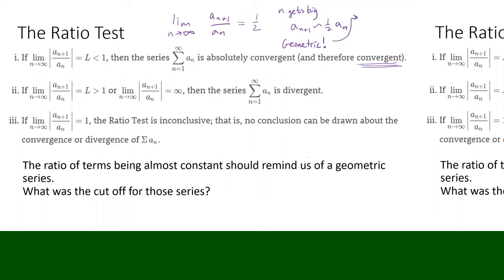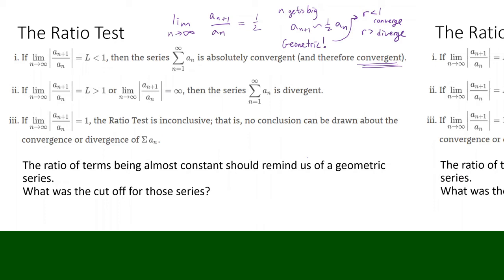And what do we know from this? Well, if we're geometric, if our r is less than 1, I converge. If r is greater than 1, I diverge. So I'm just using this geometric idea that if I look at r, which is the number I'm multiplying each time, then the ratio test is telling me the terms in my series kind of look geometric eventually.